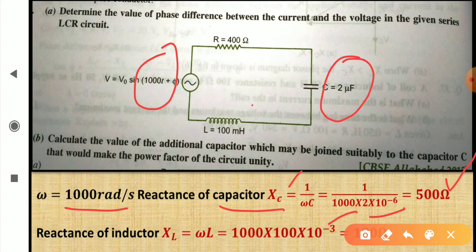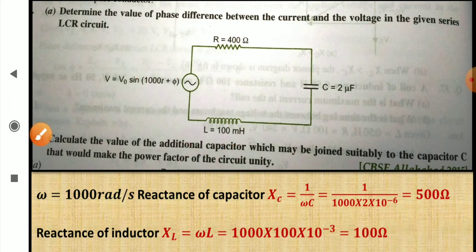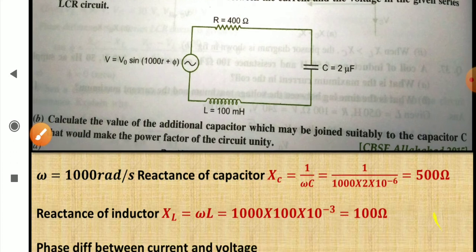And then we will find out reactance of inductor. So reactance of inductor, XL, is omega L. Put the value of omega, and L is 100 millihenry, 100 and milli is 10 to the power minus 3. Simplify it, you get 100 ohm.